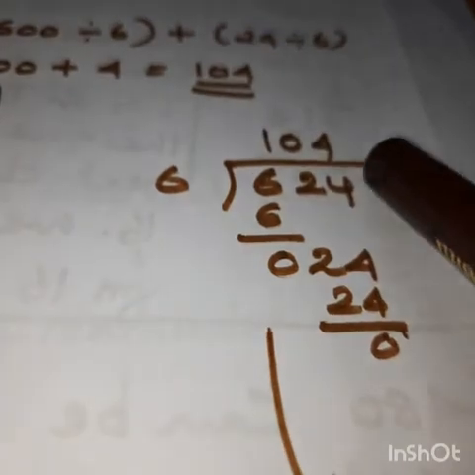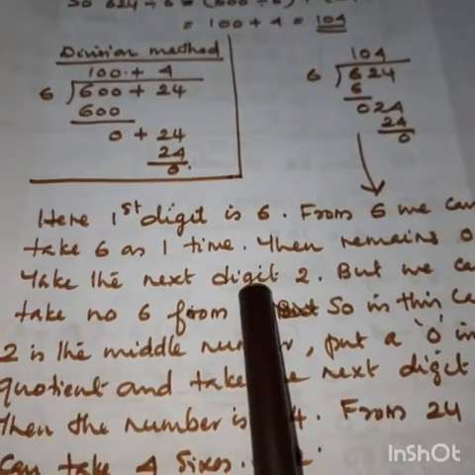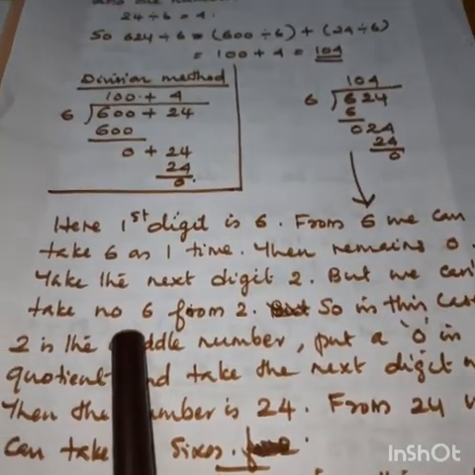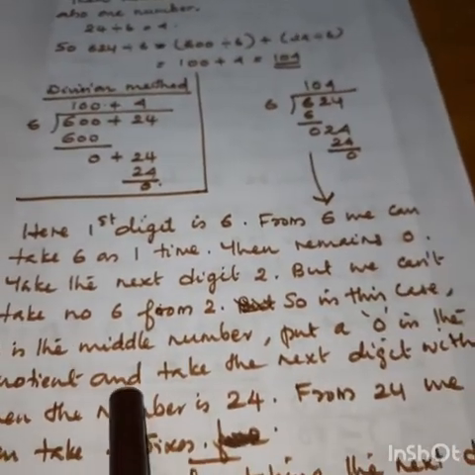The answer is 104. Here, the first digit is 6 and from 6 we can take 6 one time. Then the remainder is 0. Take the next digit 2, but we can't take 6 from 2. So, in this case, 2 is the middle number.